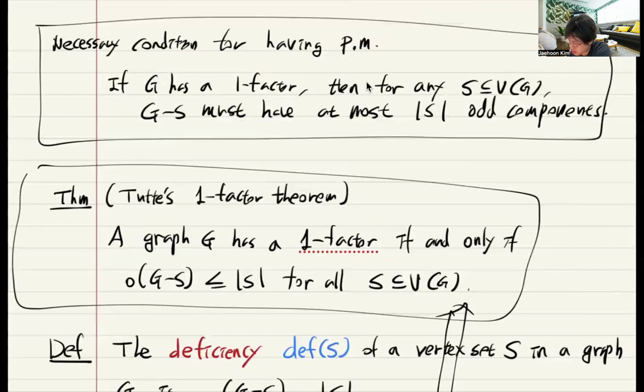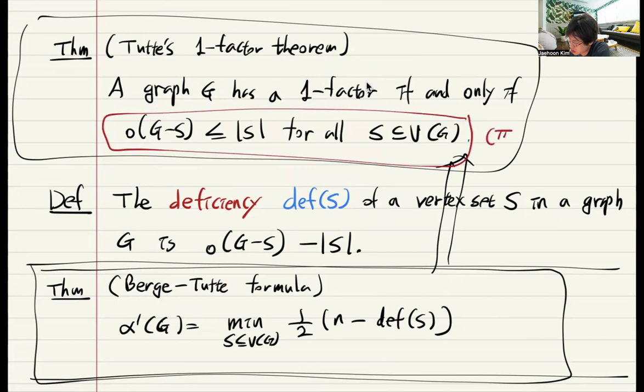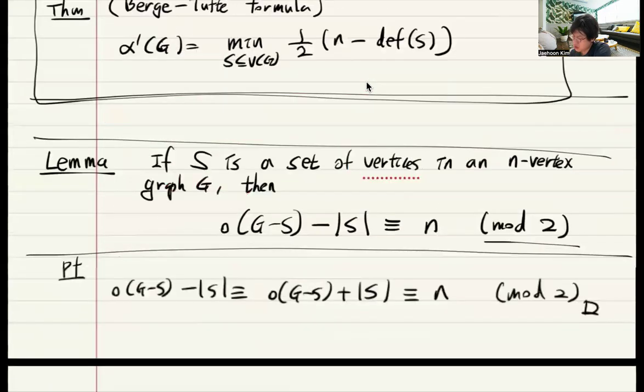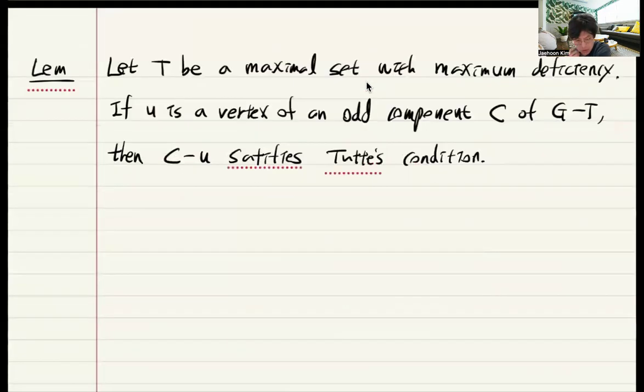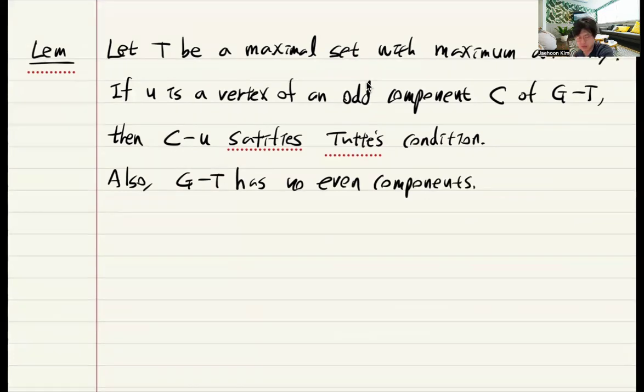Here, the Hall condition is this. Also, this G minus T has no even components. Even component means a component with an even number of vertices.